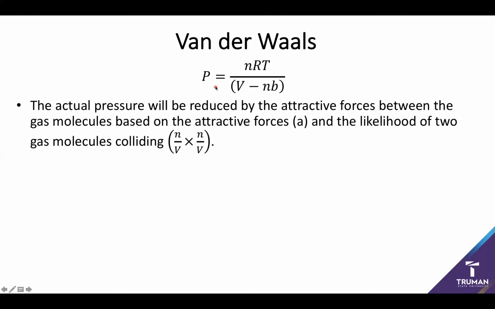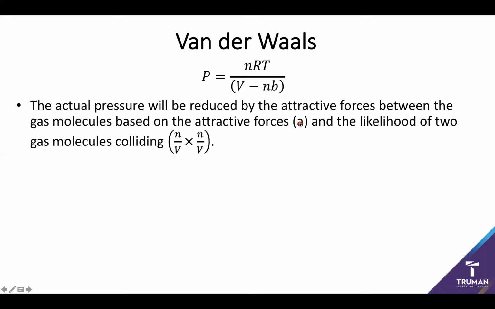Most specifically, the pressure felt by an external object is going to be reduced by however much the gas molecules tend to attract each other. So the more attractive the force, the less of that speed and movement is going to end up hitting the wall of the container. So we're going to introduce a new parameter, which again will be dependent upon the identity of the gas we're working with, called the a parameter.